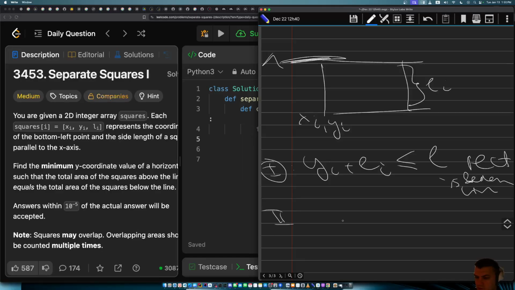Second case, if yi plus li is greater than L and yi is less or equal than L. In this case, the rectangle is in between.